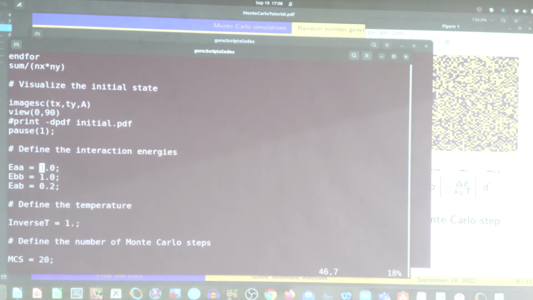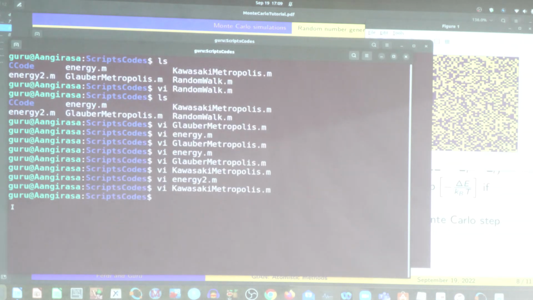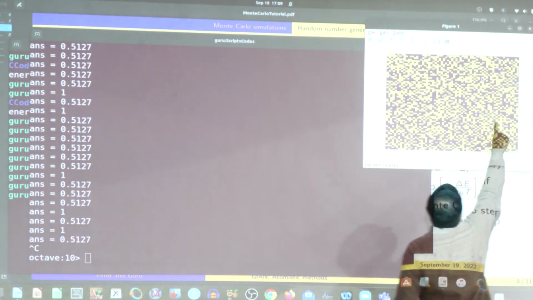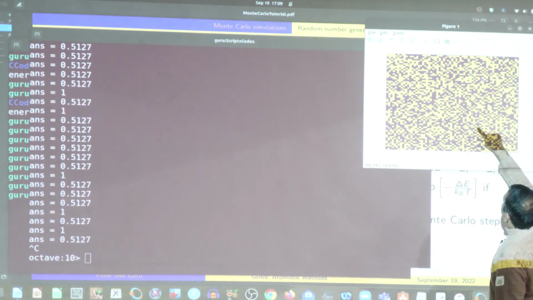Let us make this... see lots of regions where you see this kind of checkerboards.